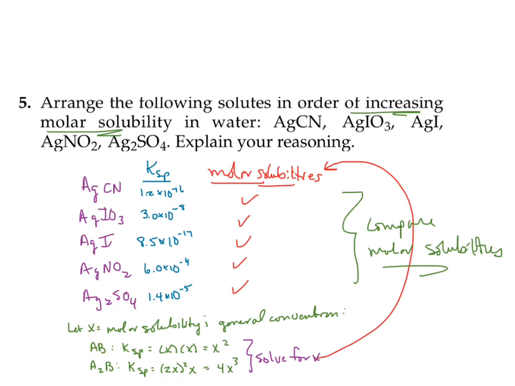You could, I guess, if you didn't have that last one. You could rank the ones that are AB. Rank the first 4 that are AB according to their KSPs, because of the same pattern their solubilities would be relative, and then bring that one in. Okay, that's a better idea.